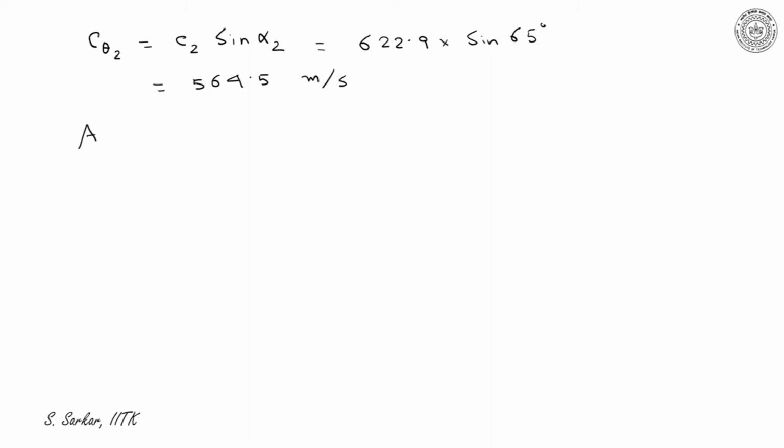And I can evaluate W theta 2 from velocity triangle, equal to C theta 2 minus U. C theta 2 I have evaluated as 564.5, and U is given as 290 meter per second.